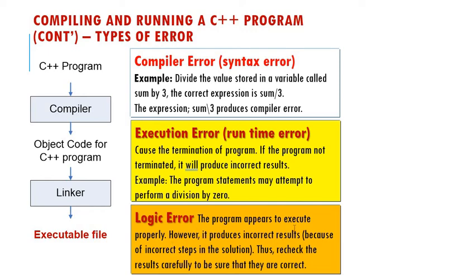The program appears to execute properly, however it produces an incorrect result, because of incorrect steps in the solution. Thus, as programmers we need to recheck the result and the programming carefully to make sure that we get the correct output.